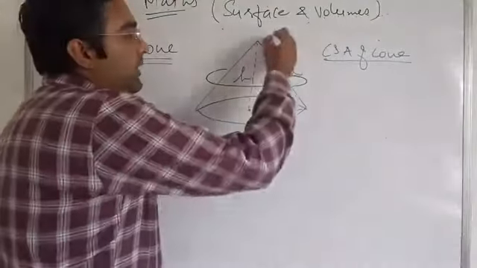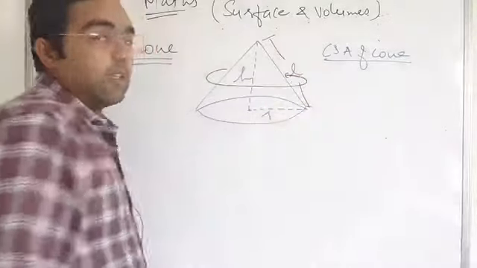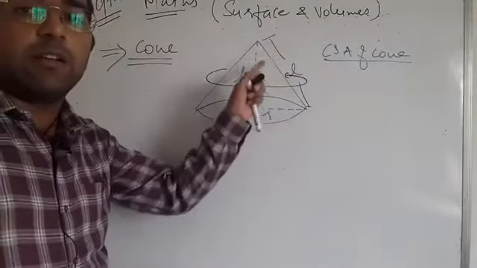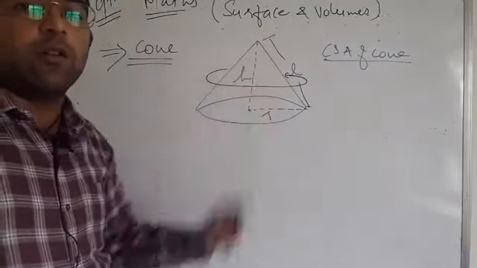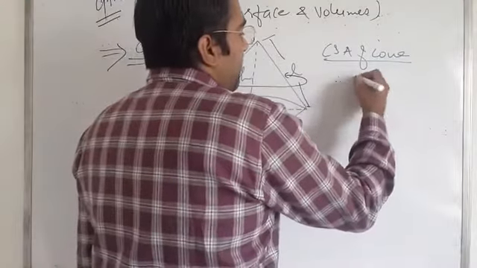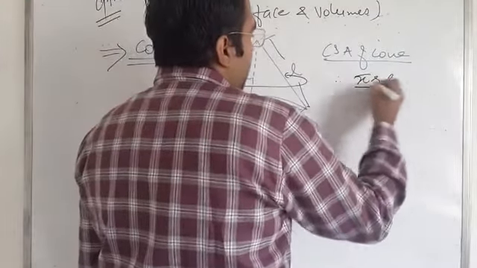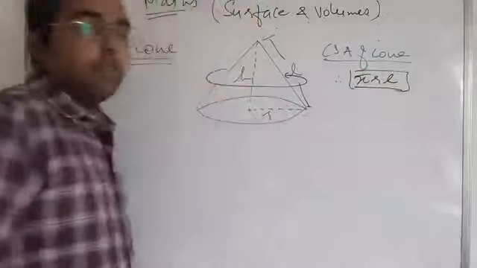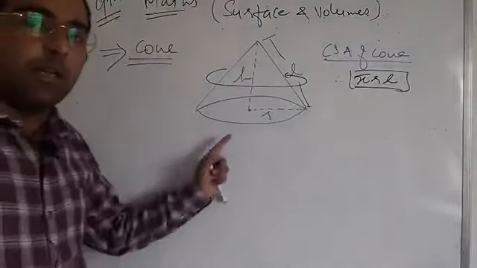In the curved surface we take the slant height of the cone, because the slant height is contained in that curved surface. So the curved surface area of the cone is pi r l.